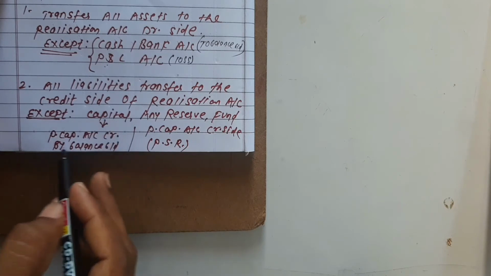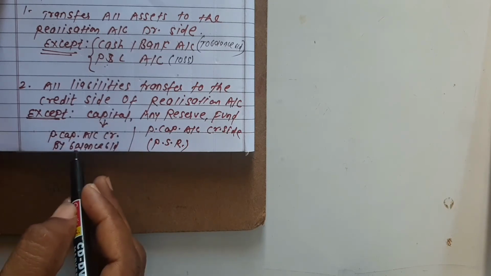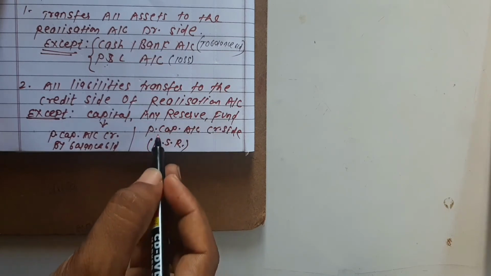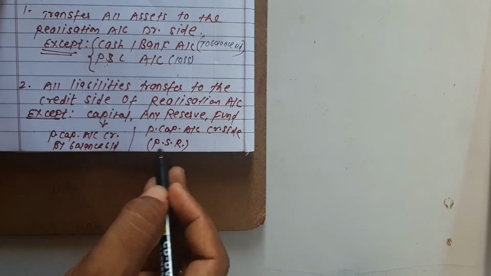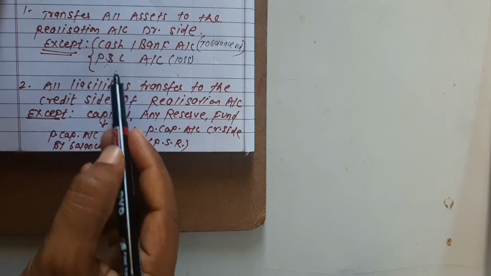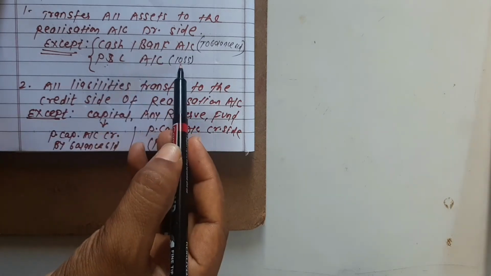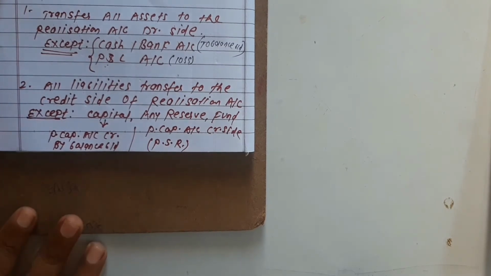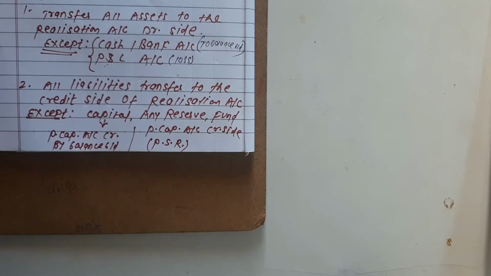Now capital goes to partners' capital credit by balance brought down. Any reserve or any fund goes to partners' capital credit in their profit sharing ratio, and this profit and loss, meaning the loss, goes to the partners' capital account debit in their profit sharing ratio. Got it? So this is a very easy step, and these are the two compulsory steps, and this gets you 4 marks.